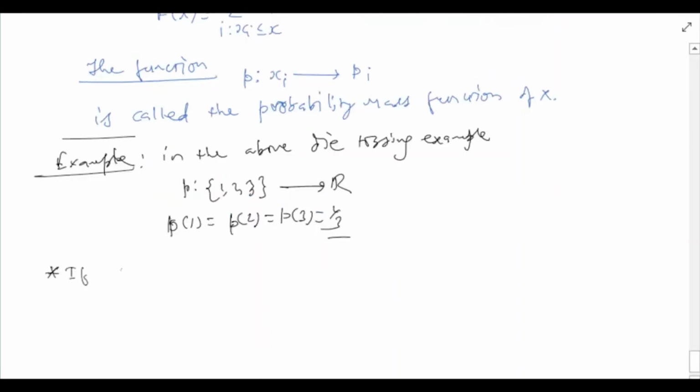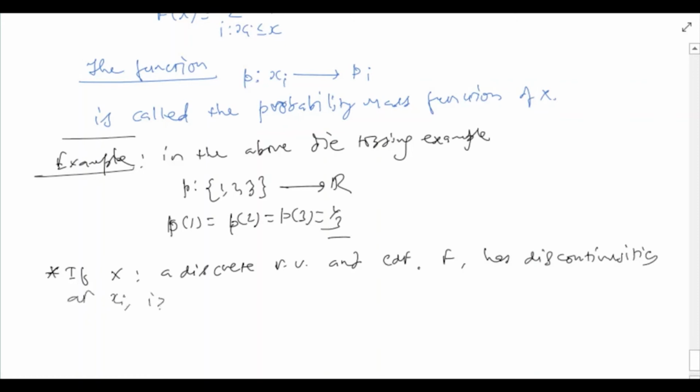If x is a discrete random variable, and its CDF, say F, has discontinuities at xi, i greater than or equal to 1, we often say that x takes values xi, i greater than or equal to 1.